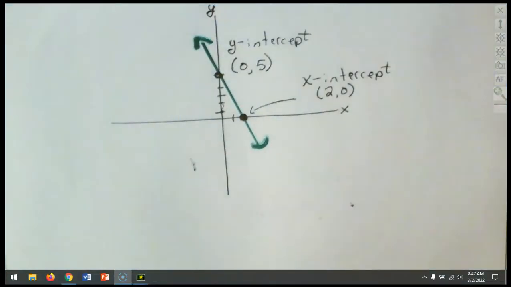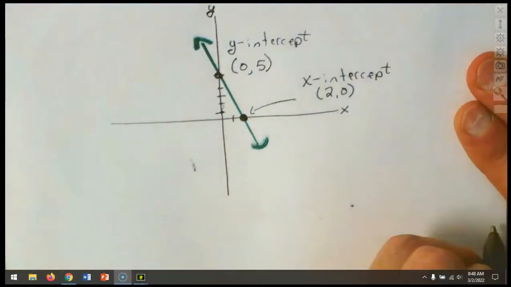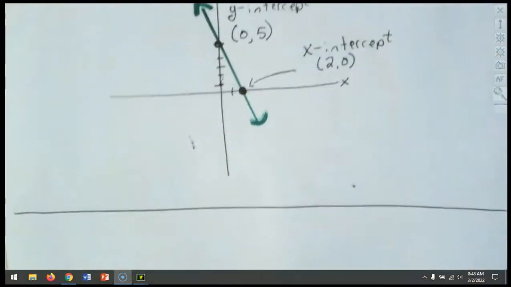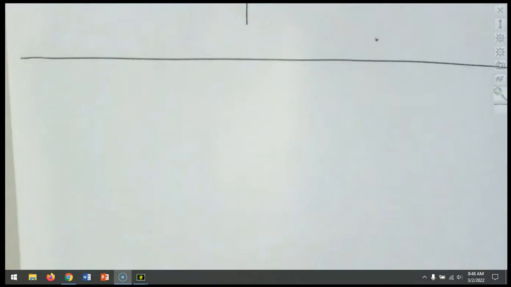Okay, so that's your intercepts there. The intercepts are just simply where they cross the x and where they cross the y-axis. Now I'm going to give you an equation. We're going to find our intercepts, and we're going to graph this equation.